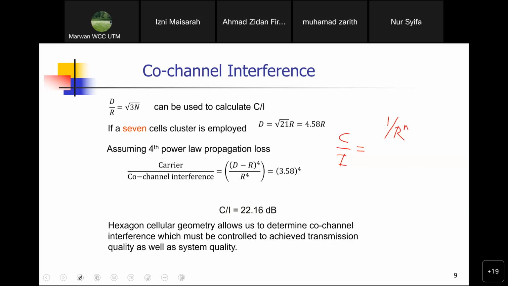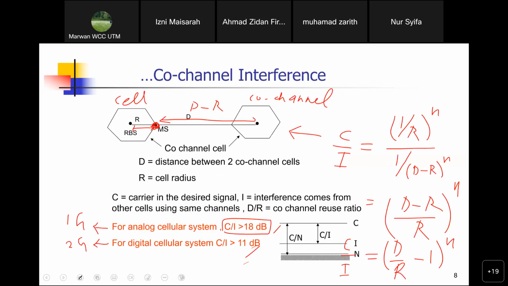If it is urban, it can go like 3.5. 2 is free space loss. So we put n like that. And then for the interference it is 1 divided by, and in this case the distance is not D but D minus R, because we already have a topology where we can straight away compute if the mobile station is in a straight line.